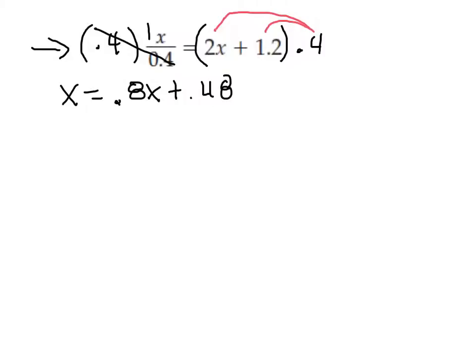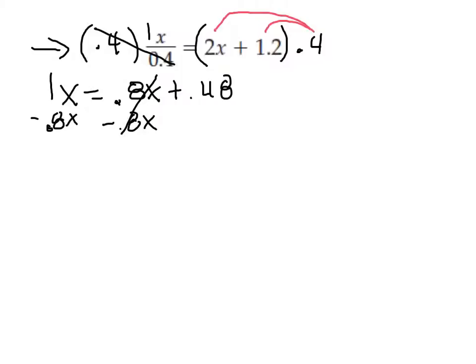Now that we have no denominator anymore, we're going to go ahead and move the 0.8 because it's the smallest coefficient in front of our variable. So I'm going to subtract. Whatever I do on one side, I do to the other. Notice I'm lining up like terms. This will cancel out.